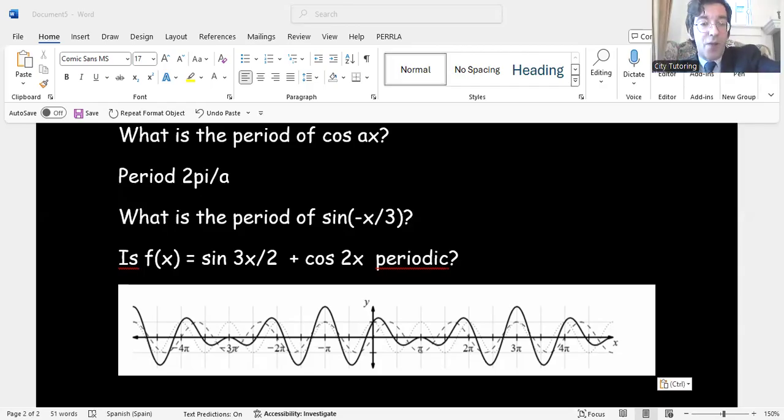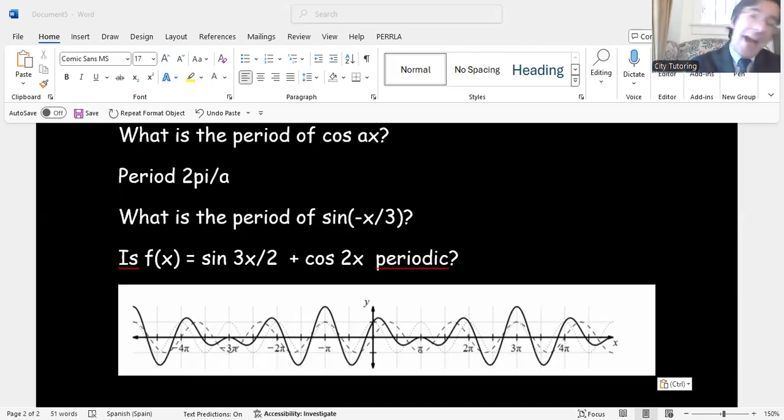So you can see that the solid graph appears to peak at x equals negative 5 pi. Then you have x equals negative pi, and also x equals 3 pi. Have you noticed a pattern here? Each peak is 4 pi after the previous peak.